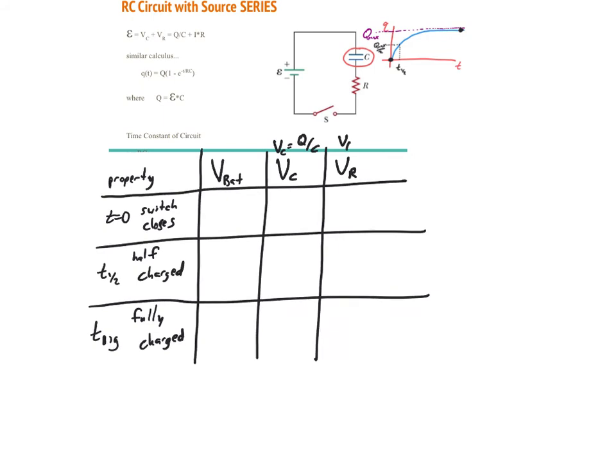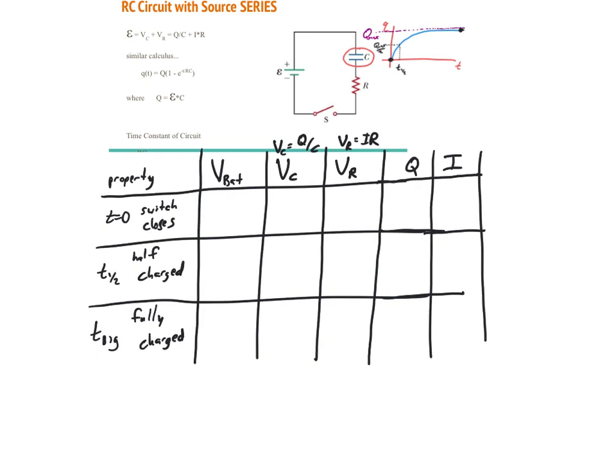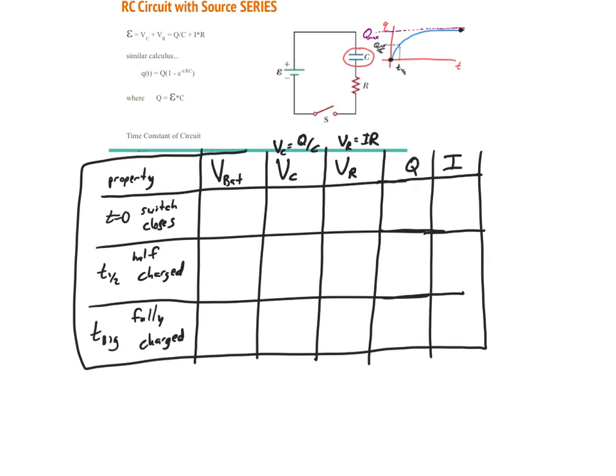Remember that the voltage across the resistor is equal to current multiplied by resistance. And to help us through there, it's going to be very helpful to know the charge at each of those times and the current at each of those times. There we go. Full table.